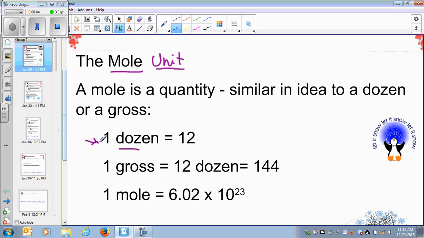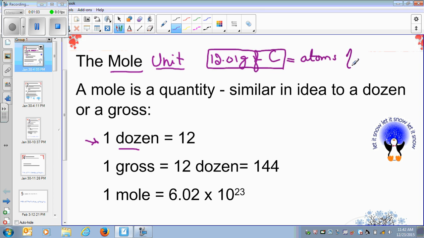Scientists wanted to count atoms. So let's say you have 12.01 grams of carbon. They wanted to see, if I take 12.01 grams of carbon, how many atoms of carbon are there.